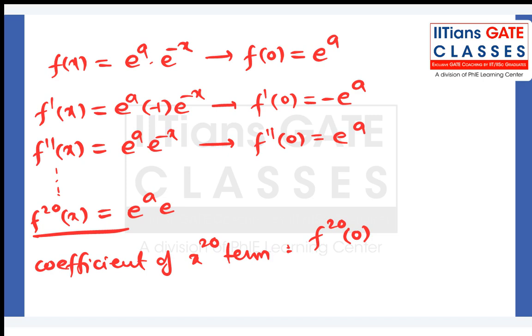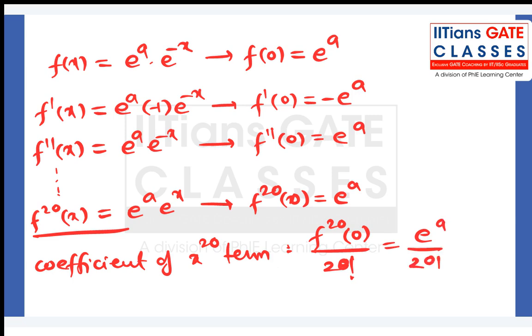The derivative evaluated at 0 will be e power a, divided by 20 factorial. That comes from the formula. So therefore it will be e power a by 20 factorial.